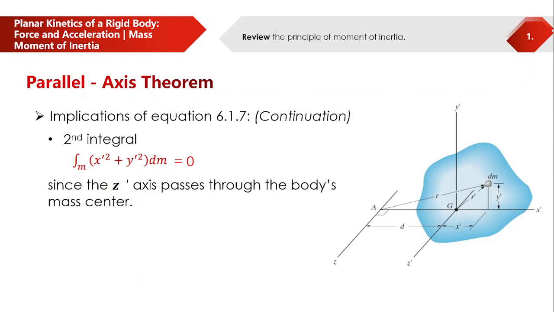Therefore, there is no moment of inertia. You can actually picture it out. When we say moment, there must be a moment arm. If there is no moment arm, there is also no moment, because nothing produces a moment at that point. Let's say the z prime axis, as you can see, has no r, so you can easily say that the value is zero.